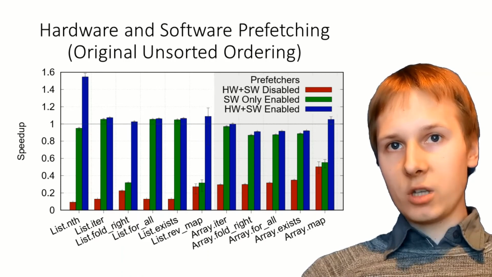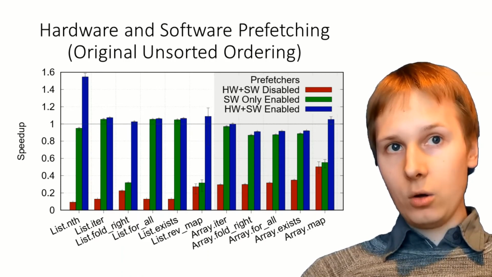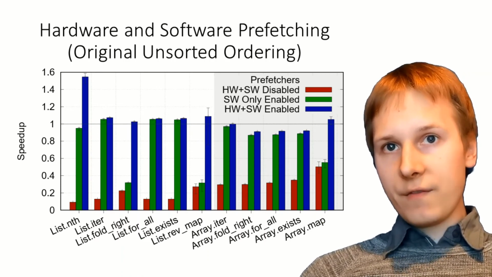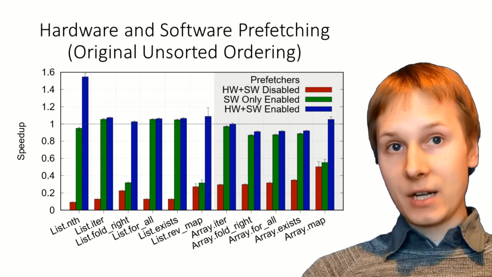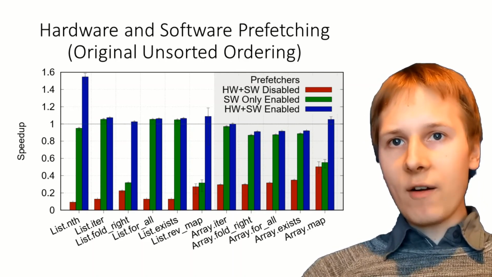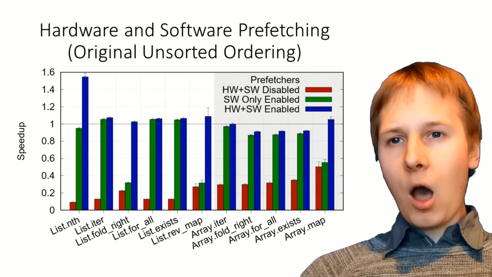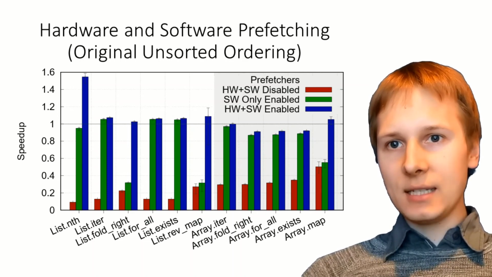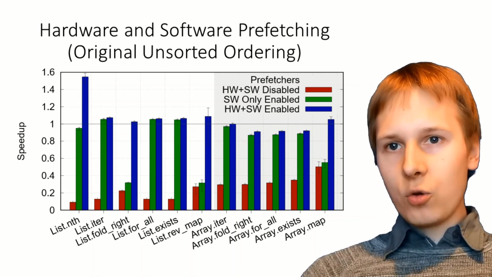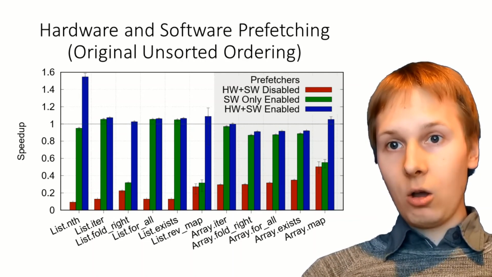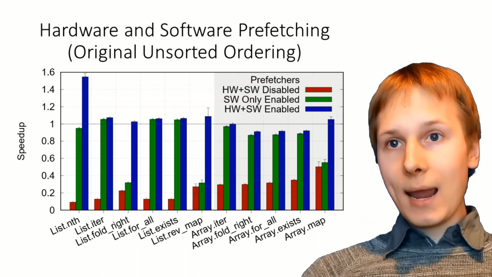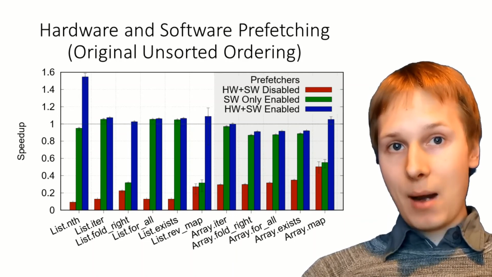Going back to some of the list and array library code, here we take a look at the effects of hardware and software prefetching combined. In all other experiments, the hardware prefetcher is always enabled, but on Haswell, we can turn it off and see what happens. Critically, this is on the original unsorted data, where we expect things to be nicely laid out in memory.